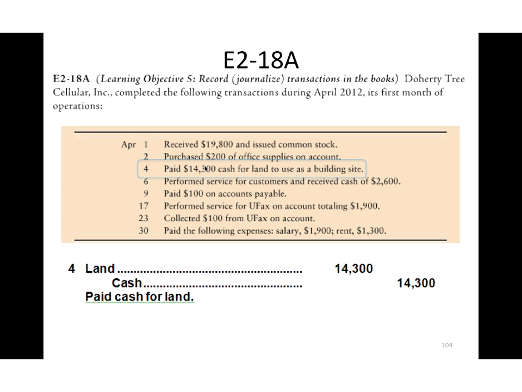Now, what's the other account then that's involved? Because we know we need a credit. Service revenue is what you were thinking? Yes. Okay. Service revenue. When we perform services, we're earning revenue. So we would have a credit to service revenue.